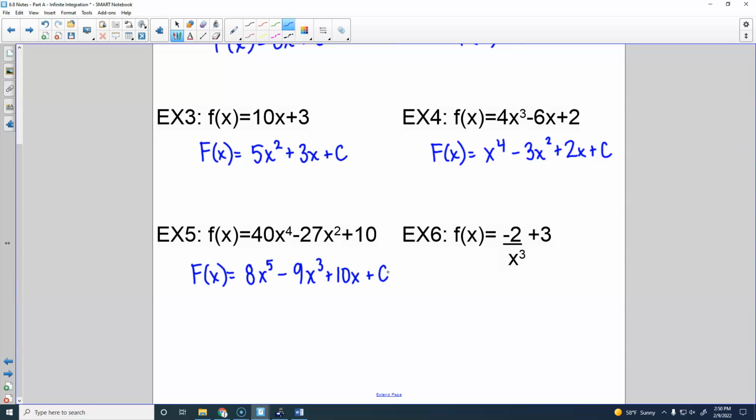All right. Okay. Now, I've got a fraction here. So I'm going to move this up and make it a negative exponent. All right. Luis is not afraid. Luis, what did you get?